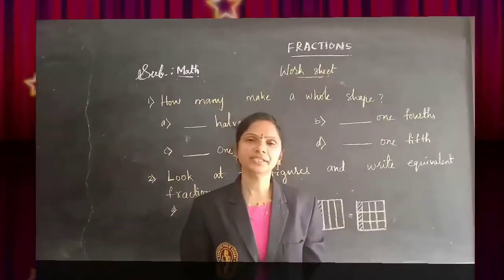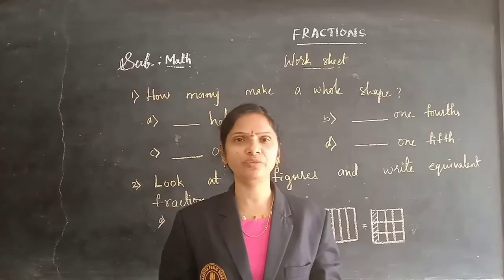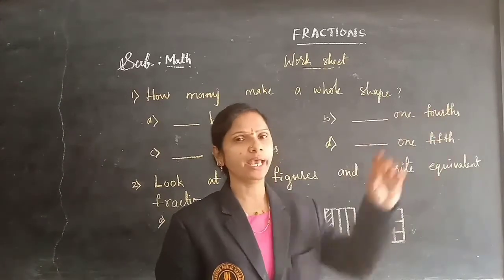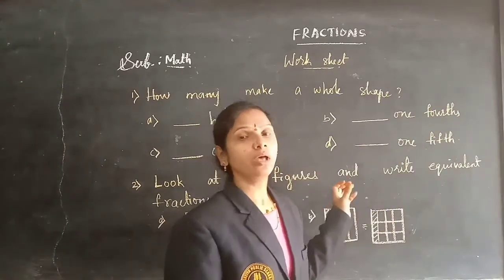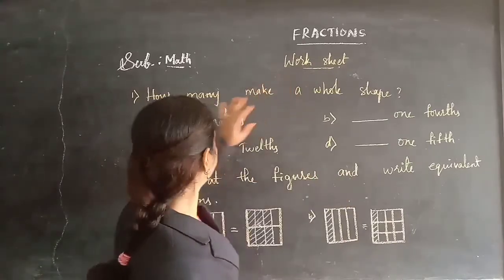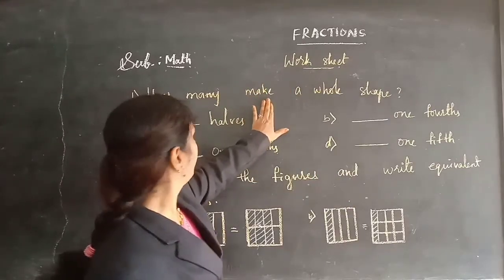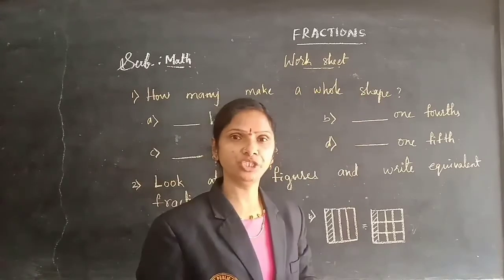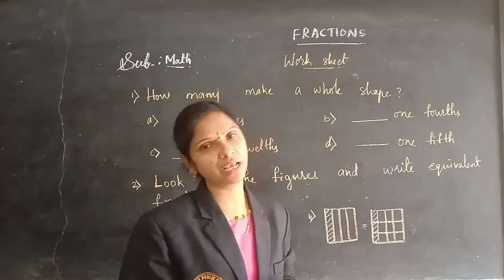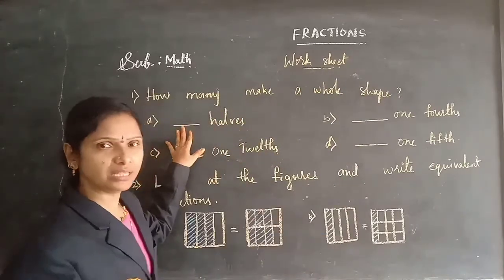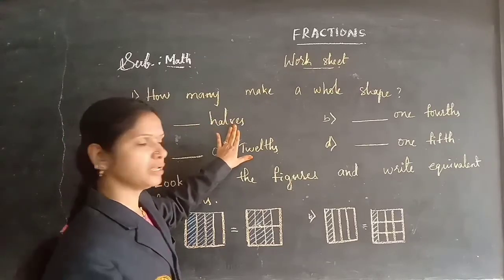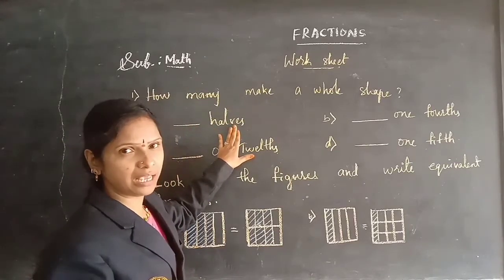Yes children, I hope you understood the activity which I explained in the video. Now I gave a worksheet based on it. Have a look here. How many make a whole shape? Means how many parts make a whole shape? I gave fill in the blanks, children. Dash halves means how many halves can make a whole.